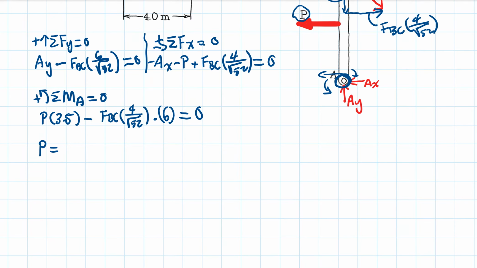equal to FBC times 4 over square root 52 times 6, divided by 3.5.